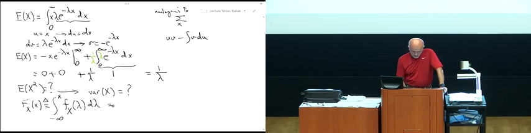Right? So in the case of the exponential, what's the lower limit? Louder. 0 to x of lambda e to the minus lambda x dx. Okay?